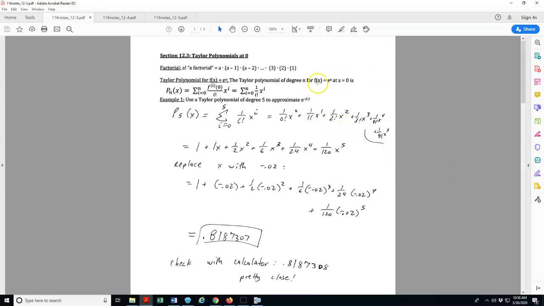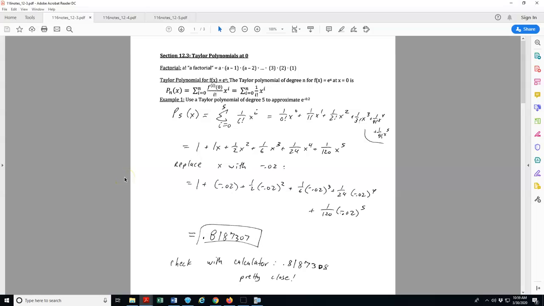Again, those factorials are in the denominator. You'll notice I am adding all these terms up, and I ran out of room. Simplifying, I get 1 plus x plus 1/2 x squared plus 1/6 x to the 3rd plus 1/24 x to the 4th plus 1 over 120 x to the 5th. So this would be my Taylor polynomial of degree 5.